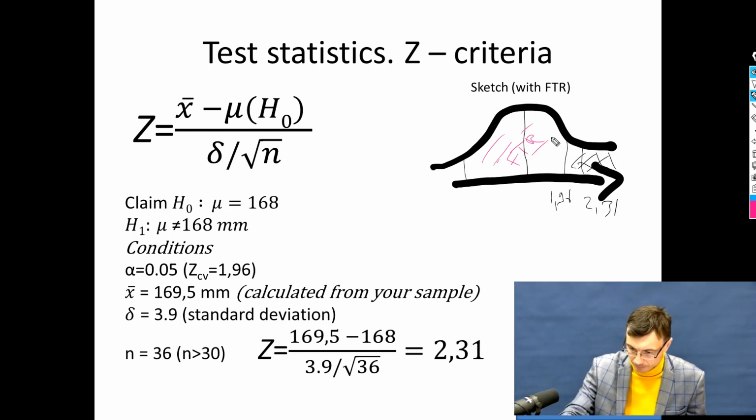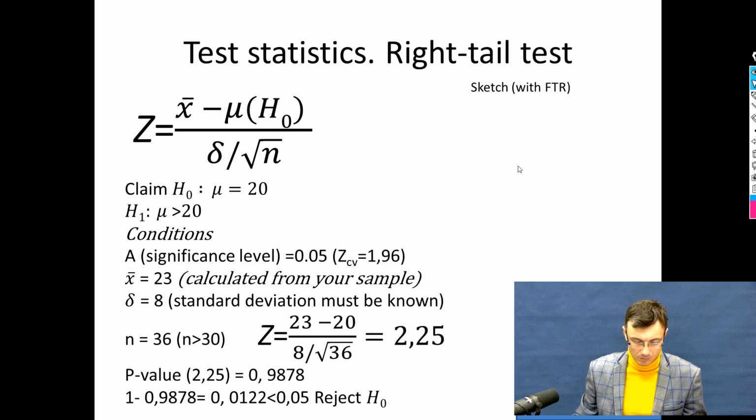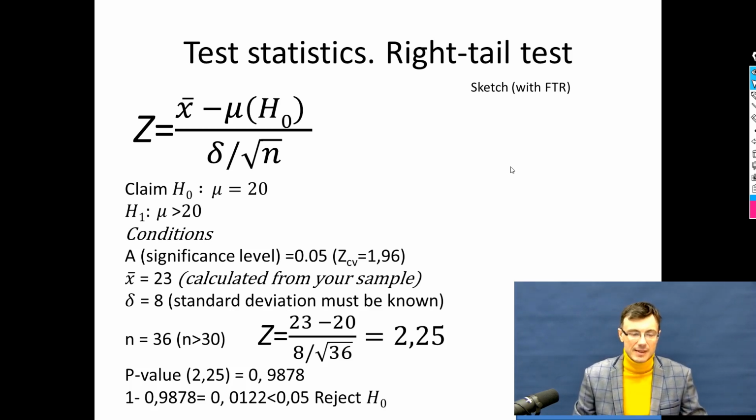Then we have a right-tail test as an example. As you see, we must clearly know the claim. So this is how we use it. Something is known as an average, like 20.